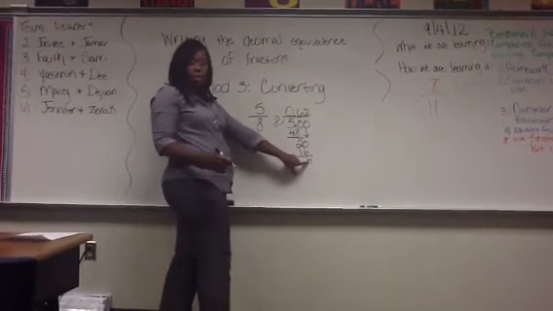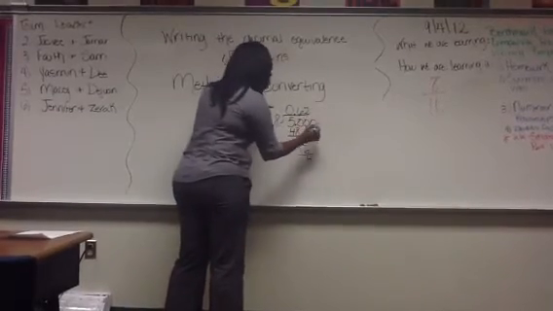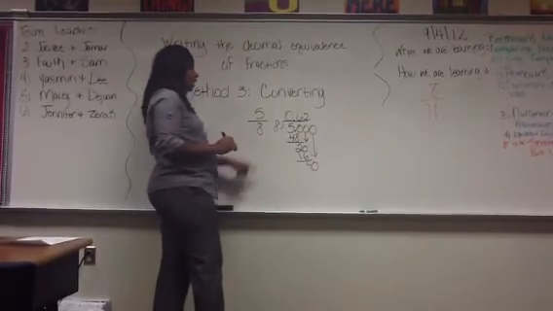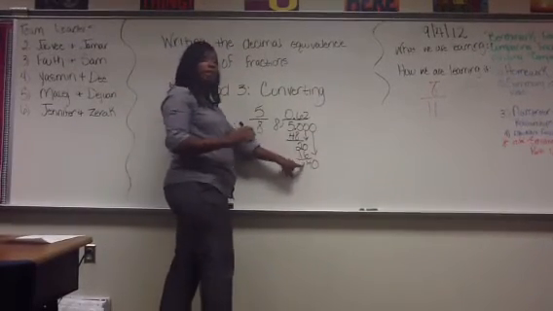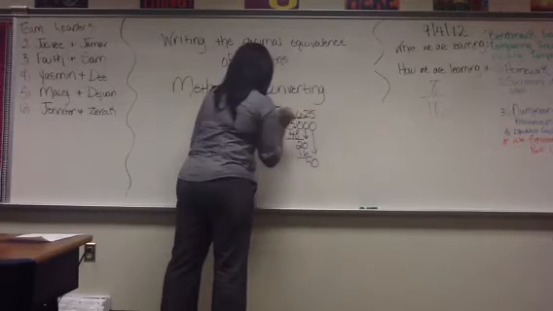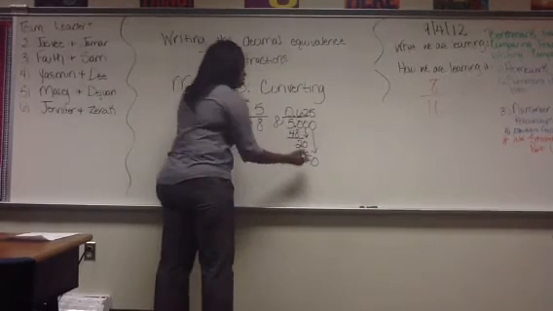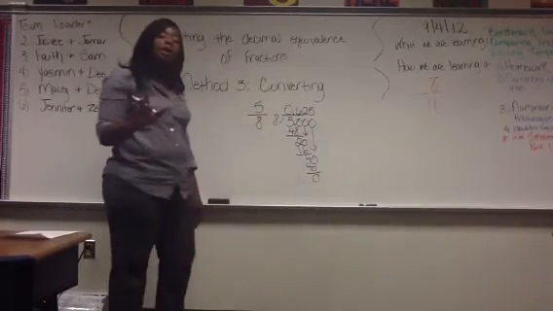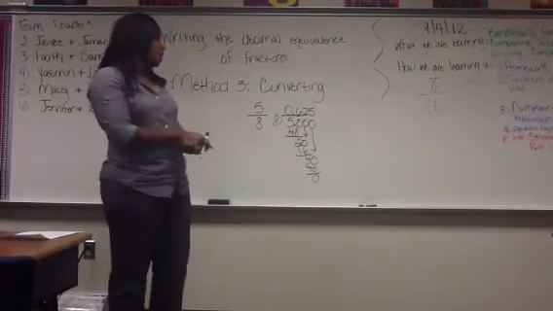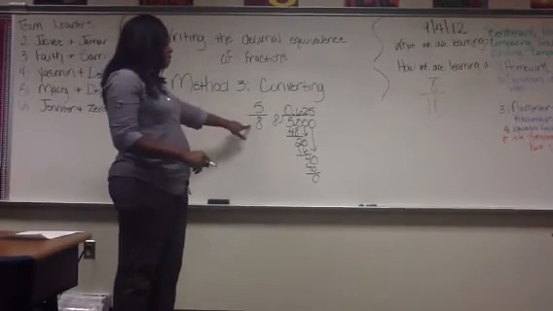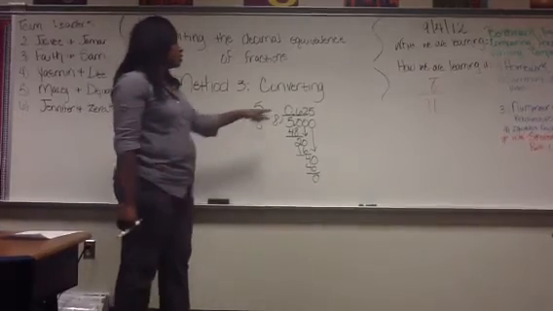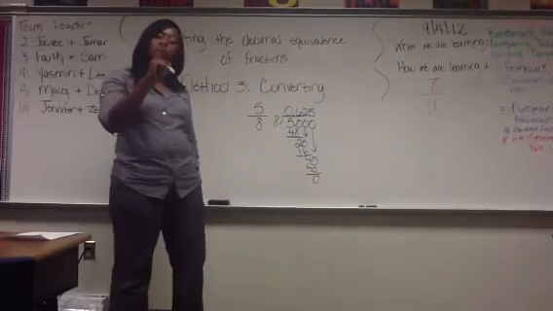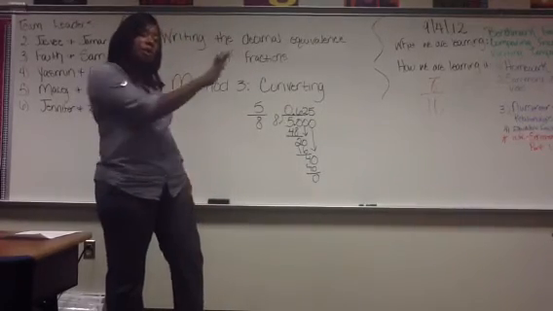I don't want to have a remainder, so I'm going to keep on adding zeros so I can keep on dividing. 8 goes into 40 5 times. 5 times 8 is 40. 40 minus 40 is 0. Now I don't have any more remainders and I can stop dividing. That tells me that 5/8 is equivalent to 625 thousandths.